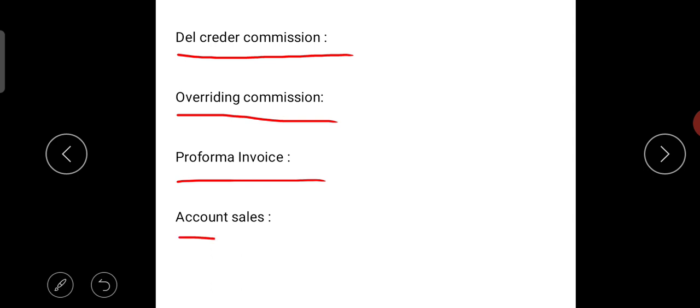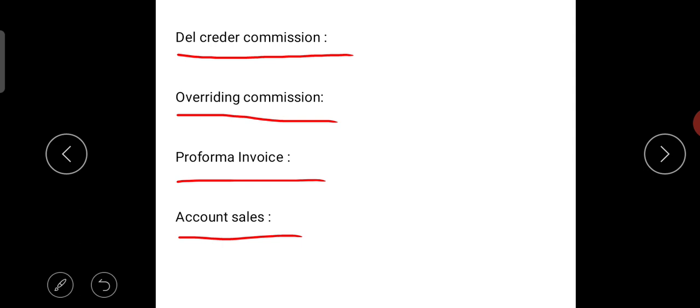Next we have to know the meaning of account sales. Account sales is also a statement sent by the consignee to the consignor, and this statement contains the details as to the sale proceeds realized of the goods and the expenses incurred by the consignee, the commission payable to the consignee, and the net amount due to the consignor after deducting the advance, if any, paid by the consignee.